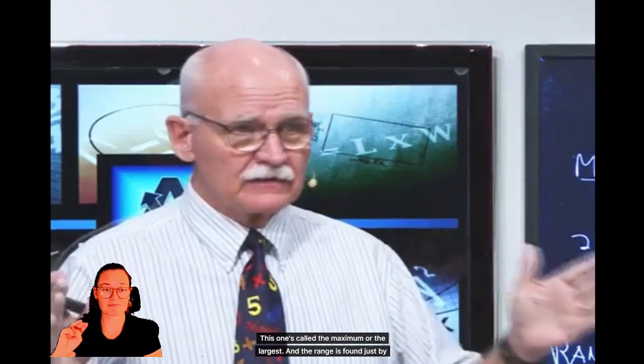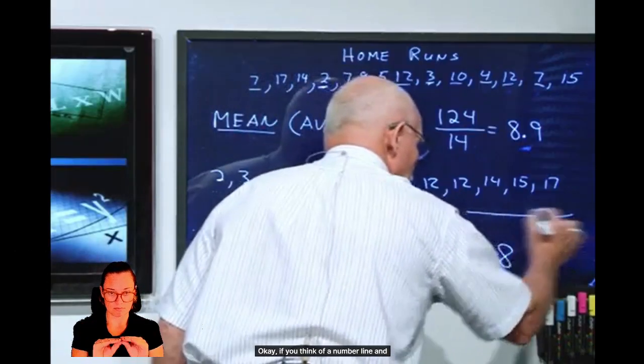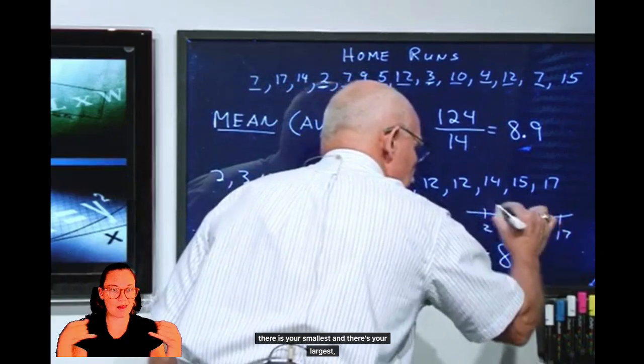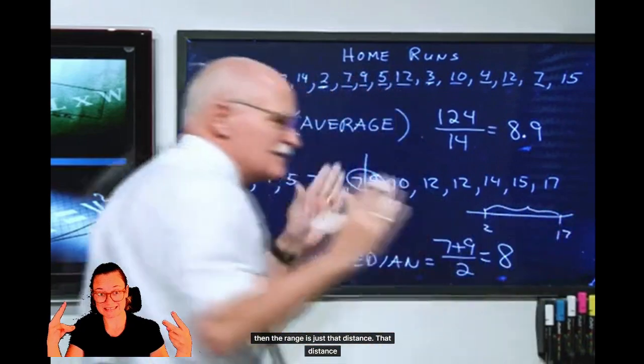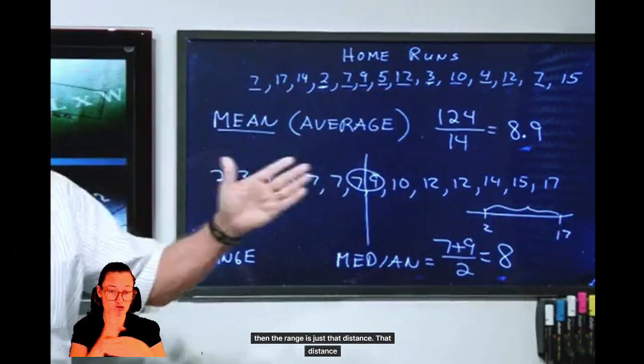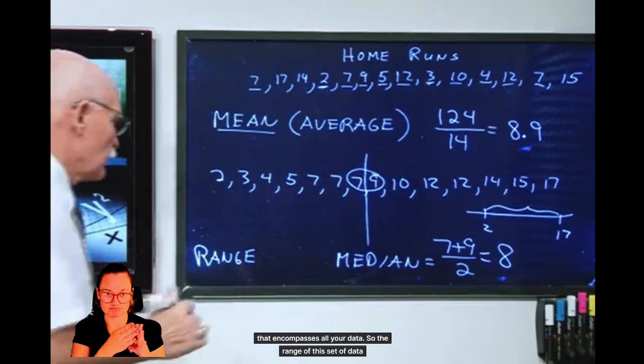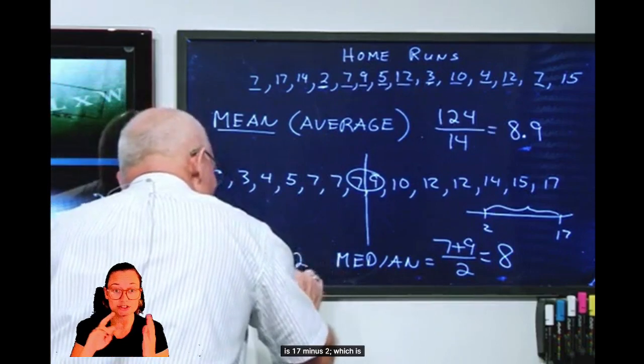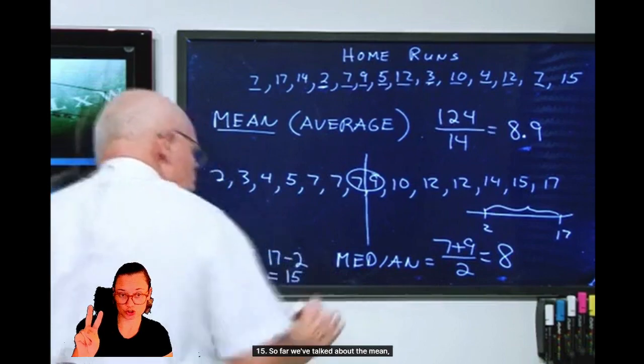And the range is found just by subtracting those. If you think of a number line, and there's your smallest, and there's your largest, then the range is just that distance that encompasses all your data. So the range of this set of data is 17 minus 2, which is 15.